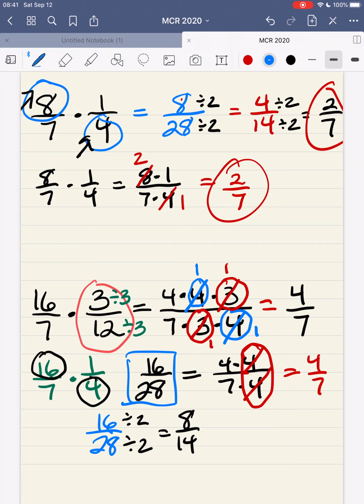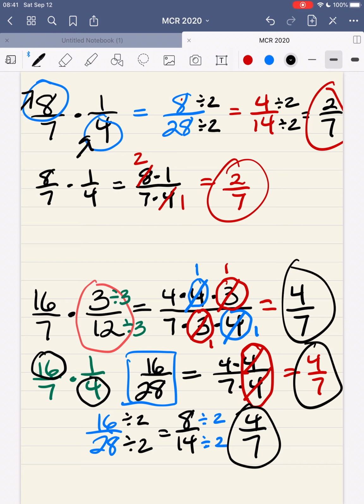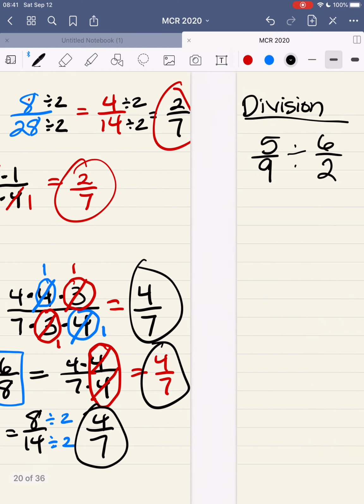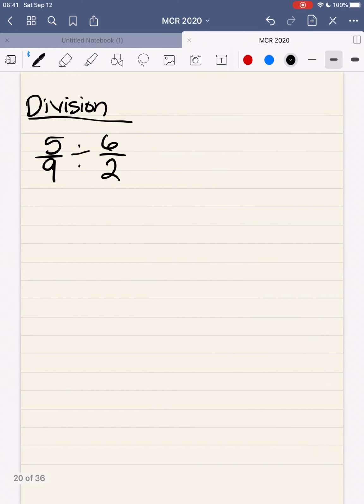And then again, I would have to go ahead and divide top and bottom by 2 because there was actually a 4 that I could have done. And I end up with 4 over 7. And I'm same place here, here, and here. Okay, so I approached them a different way each time. I still ended up with the same number, which is really all your goal is. Right? Let's continue in looking at division.